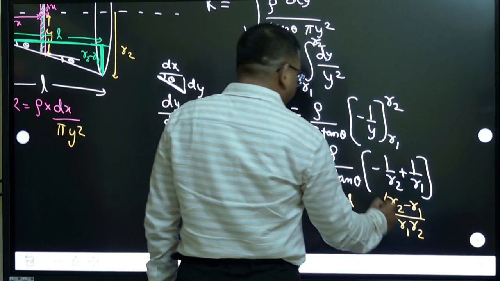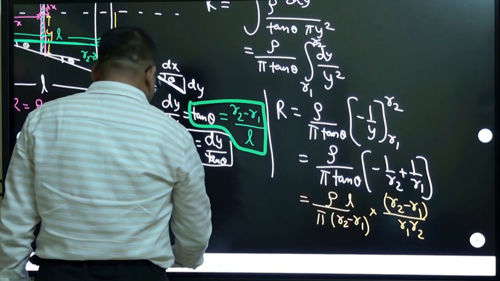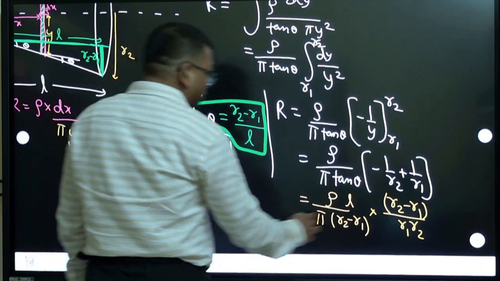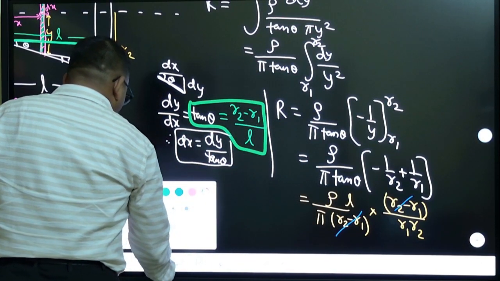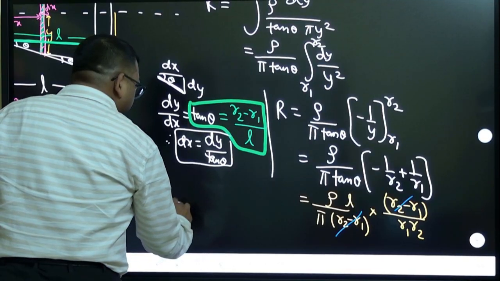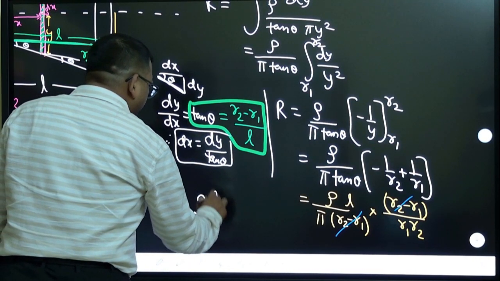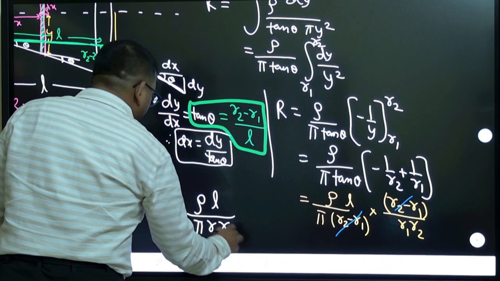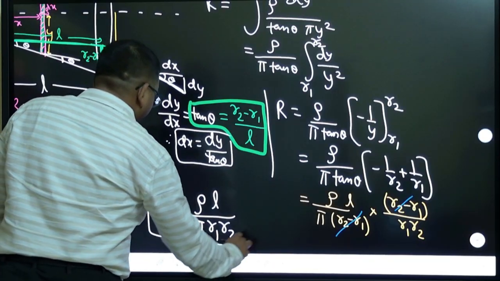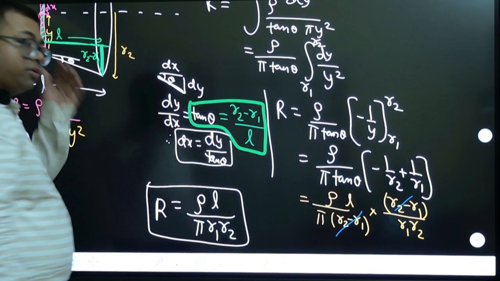So you will see that the r2 minus r1 terms get cancelled completely, right? So the final answer that we are getting is resistance is equal to resistivity times length by pi r1 r2. This you need to remember. Okay, this result you have to remember.